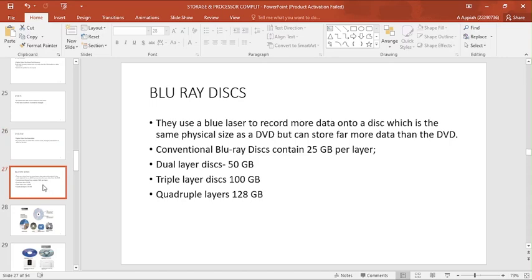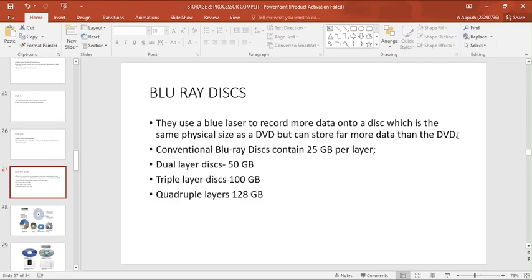Then another type of special disc is what we call the Blu-ray disc. This uses a blue laser to record more data onto a disc, which is of the same physical size as a DVD, but can store far more data than the DVD.